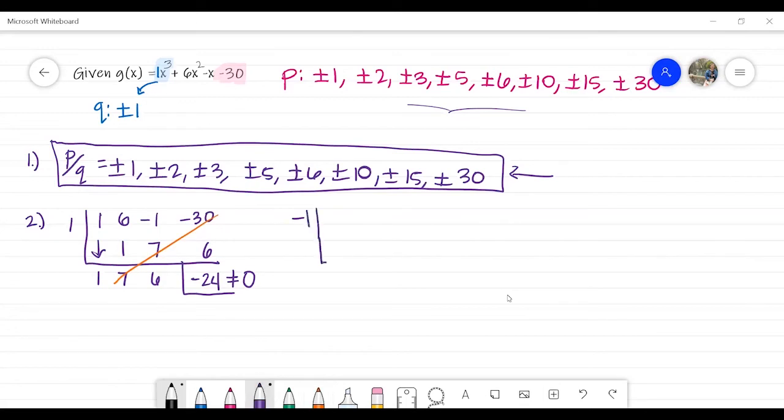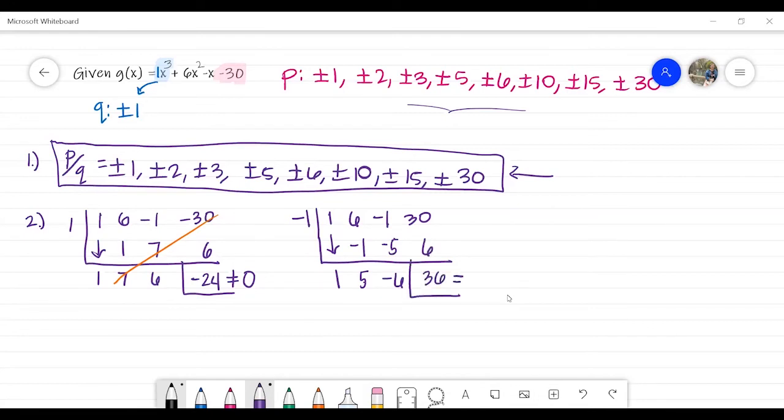Let's try -1. So same values, 1, 6, -1, and -30. So I bring this one down. -1 times 1 is -1, plus 6 is 5. -1 times 5 is going to be -5. -1 plus -5 is -6. -1 times -6 is +6.